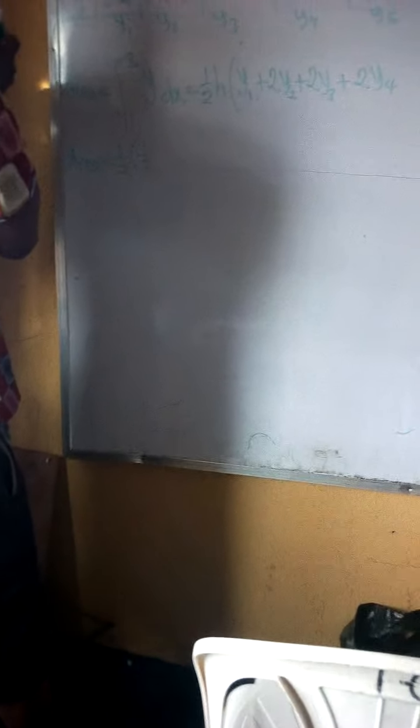So that's half of half into y1, 0.2, plus 2 into y2, 0.1818, plus 2 into y3, 0.1667, plus 2 into y4, 0.1538, plus y5, 0.1429.